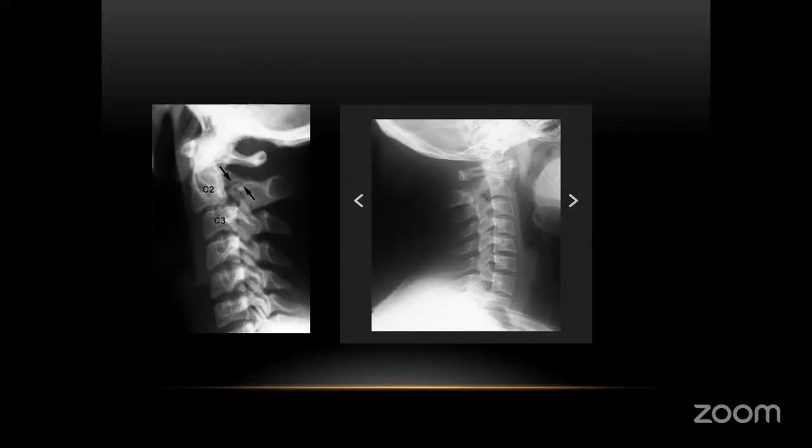Or on MRI, if there is hyperintensity within the TAL, it suggests disruption of the TAL.